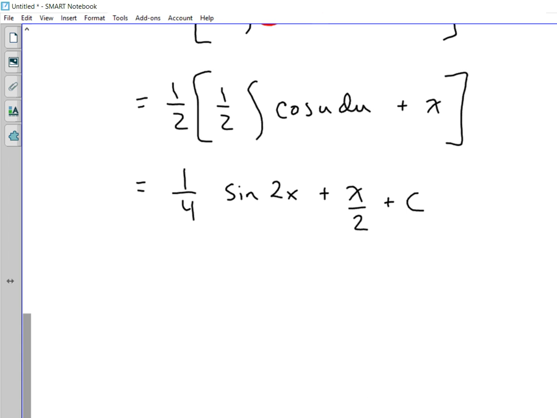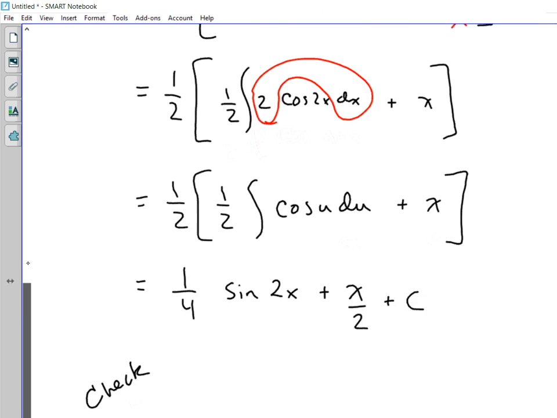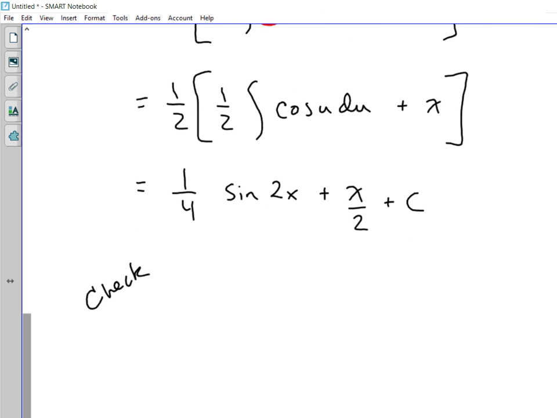All right, so let's just check it. So taking the derivative, the derivative of sine is cosine times the derivative of the stuff inside, plus the derivative of that is 1/2.